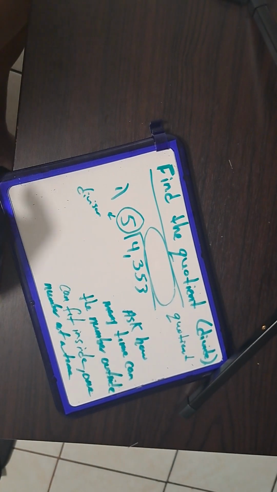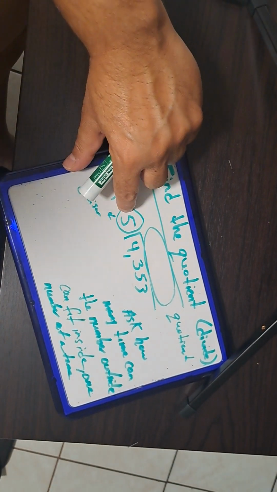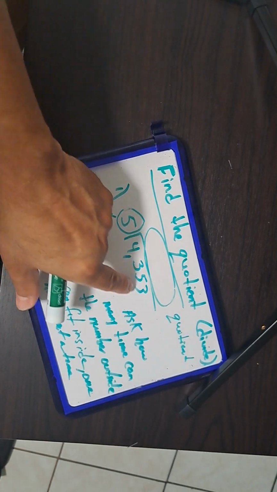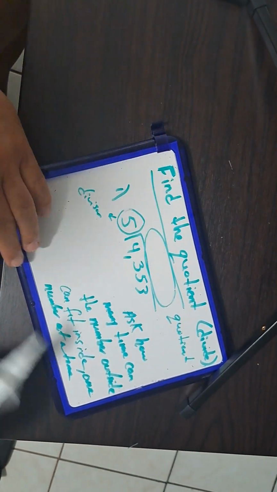That's your first question. How many times can you fit the divisor into the number inside, one number at a time?